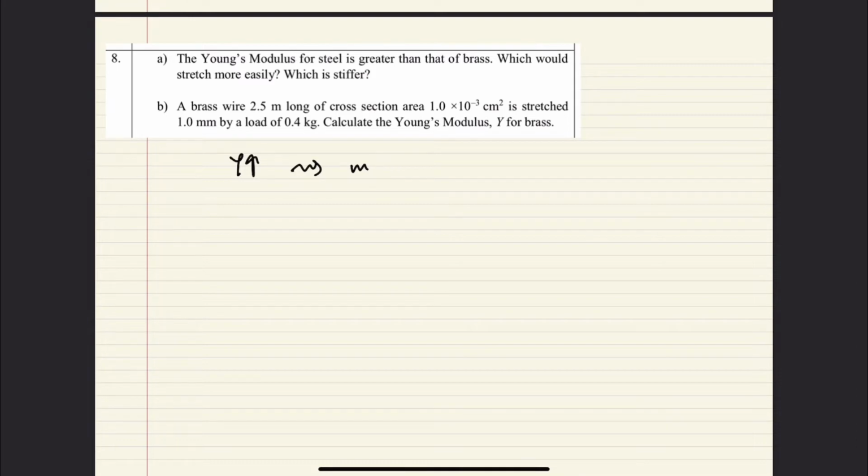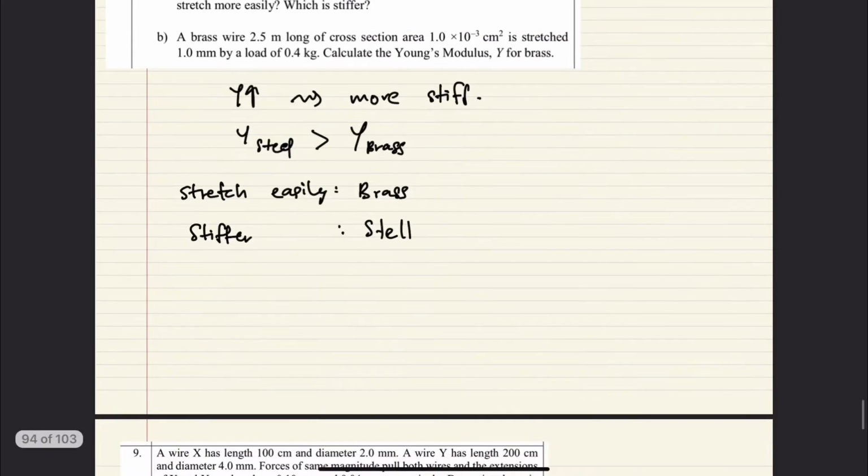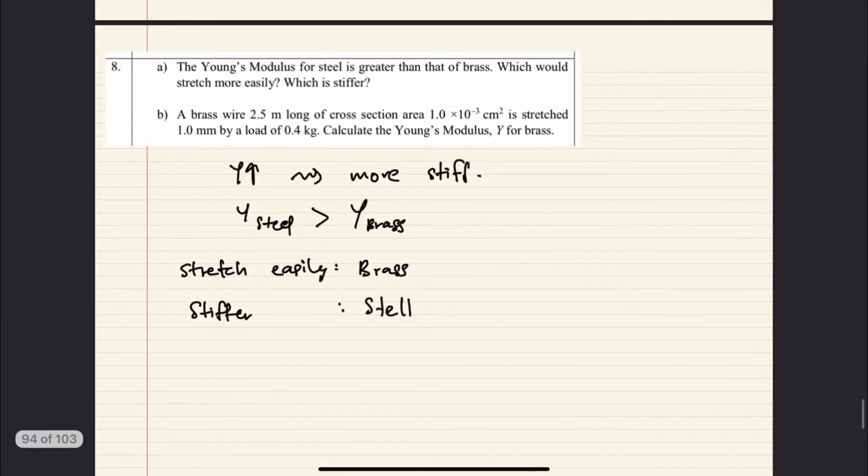So it says here that the Young modulus for steel is greater than Young modulus for brass. So brass stretches more easily. Stiffer will be the steel. Okay. So that one's for 8A.